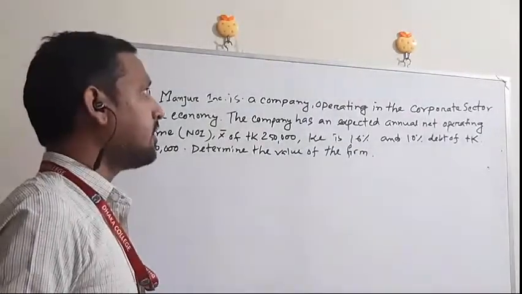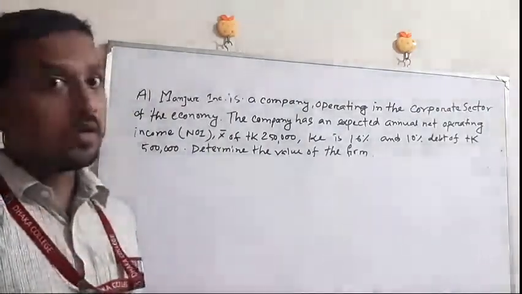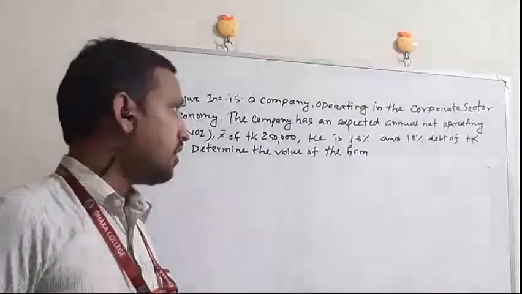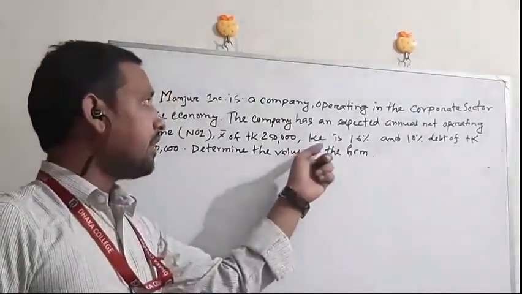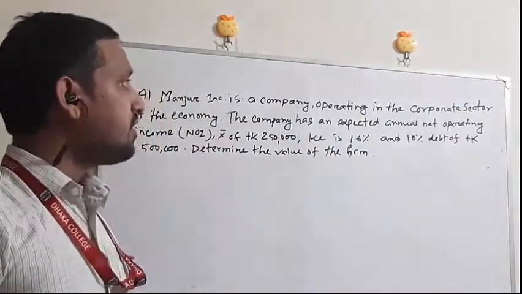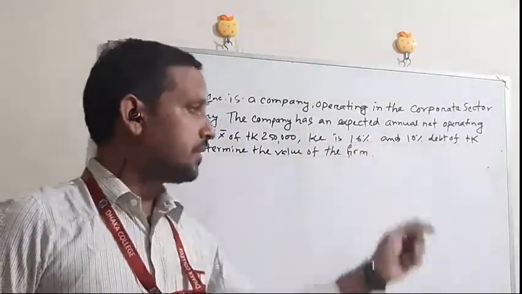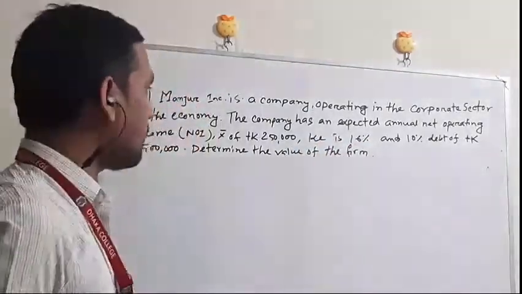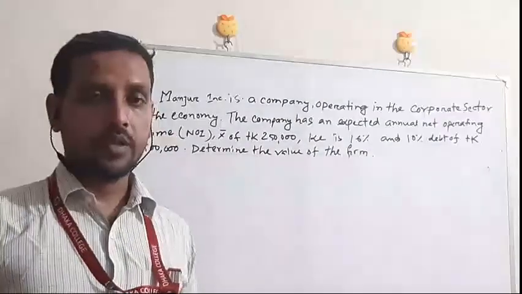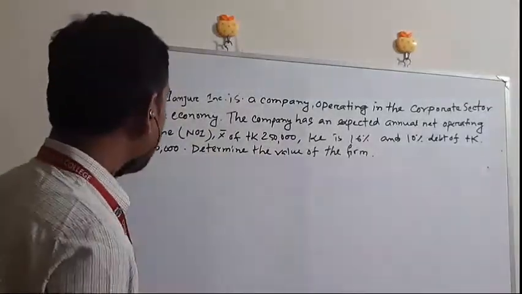The company has an expected annual net operating income, NOI, or X bar, of 2,50,000 taka, and the equity capitalization rate, KE, is 16%, and 10% debt of 5 lakh taka. Determine the value of the firm. Okay, let's solve the problem.